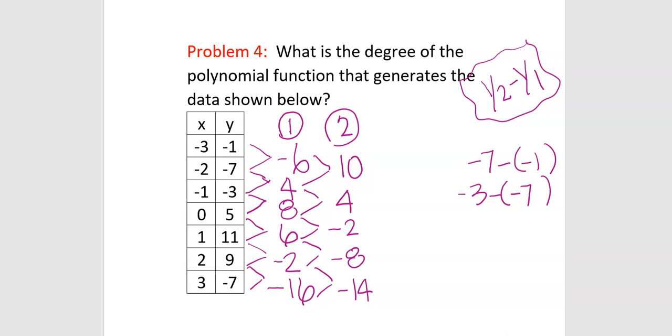And then we do it one more time because that column doesn't match yet. We're going to do 4 minus 10, negative 6. Negative 2 minus 4 would be negative 6. So it's looking good so far. Negative 8 subtract a negative 2 would also be negative 6. And negative 14 plus 8, or subtract a negative 8, would also be negative 6.